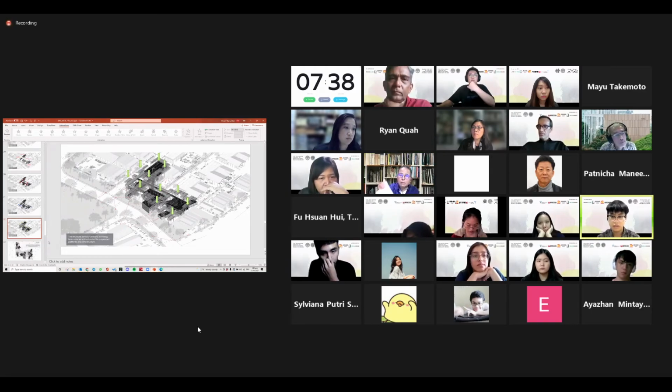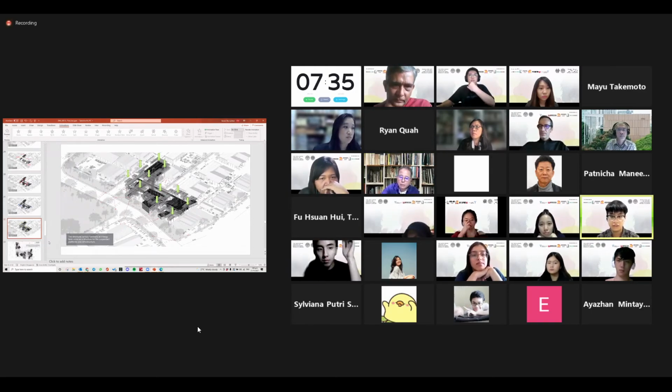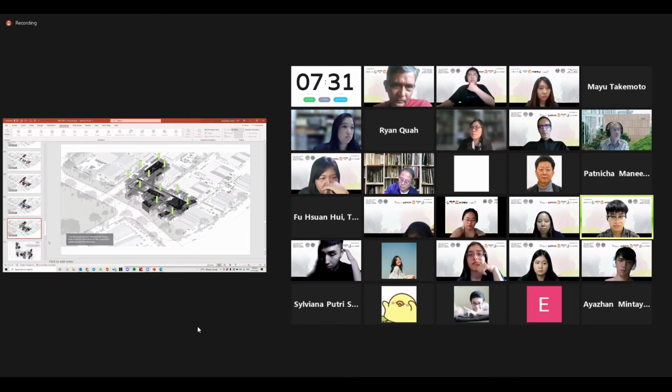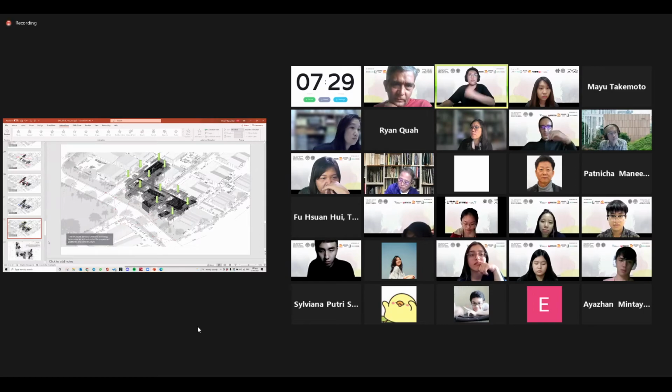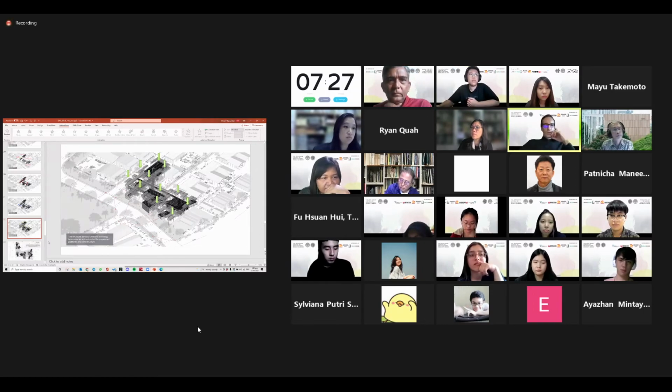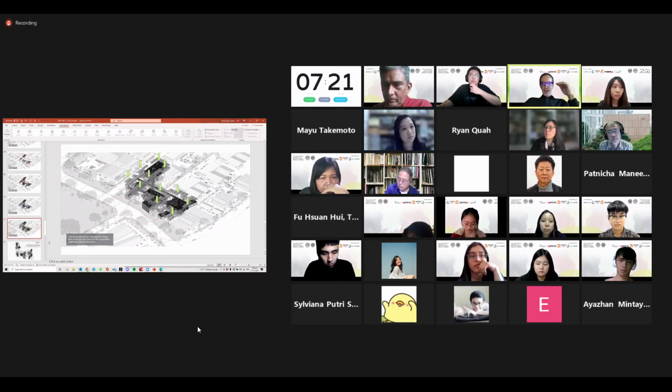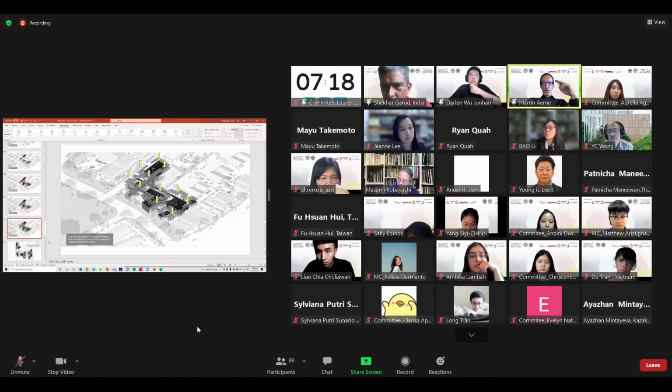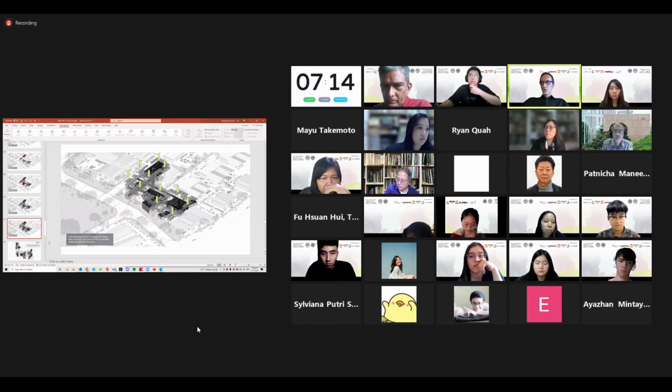Any other comments or questions from the judges, jurors? So if you say you would keep the structure but not the envelope, how is it working that the old structure would take the new loads when the new building has a different geometry?